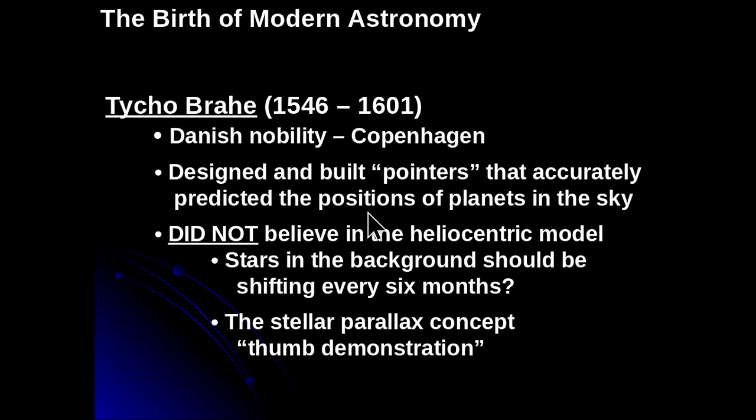Think about this: if the sun is in the center and Earth is on one side of the sun, then 6 months later Earth is on the other side of the sun, so it would be logical that the background stars would show a shift. But in fact, they didn't show a shift with Tycho's pointers. So he said, based on that, I don't believe that there is a heliocentric model.